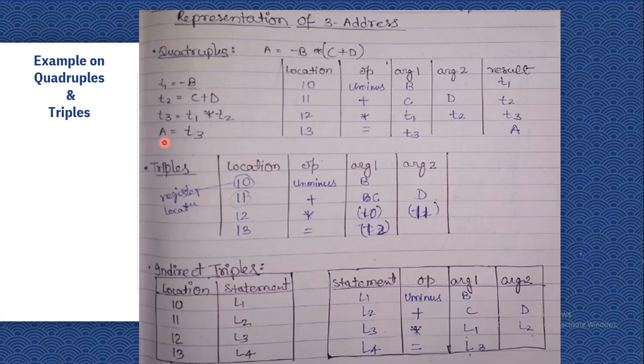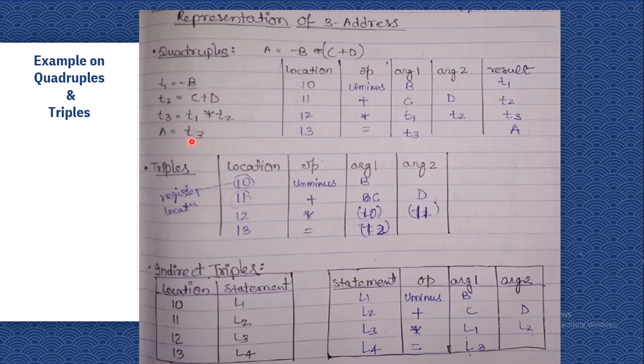In some cases we have some confusion: if we are using this equal sign as an operator here, why not in the other lines? Students, here we are copying the value from one argument to another argument.